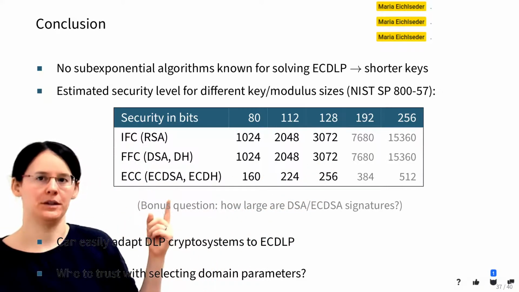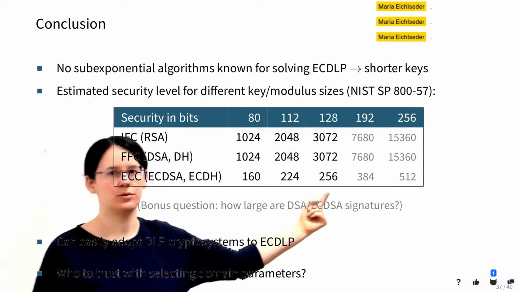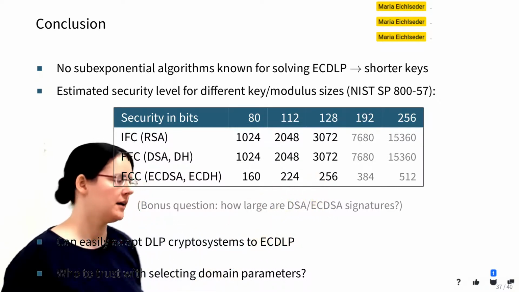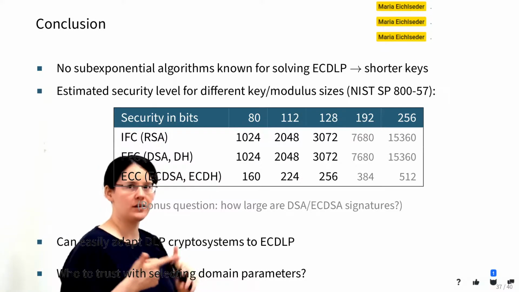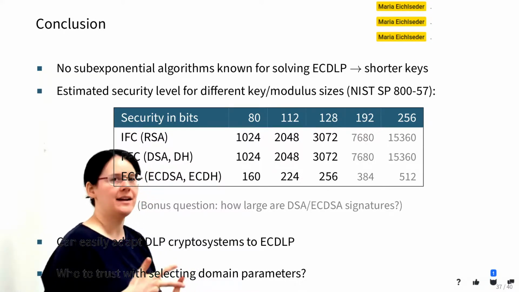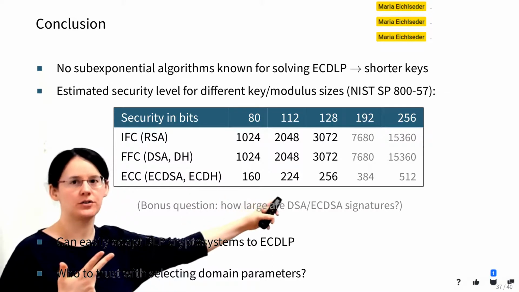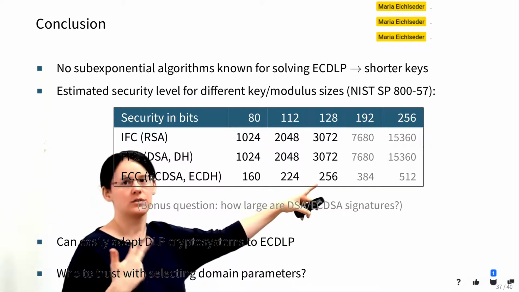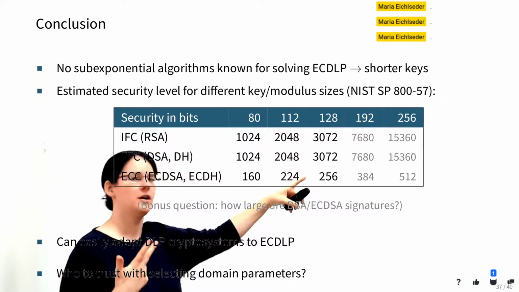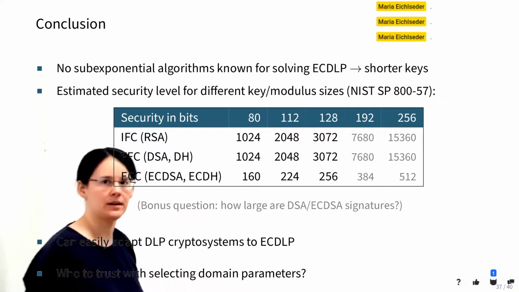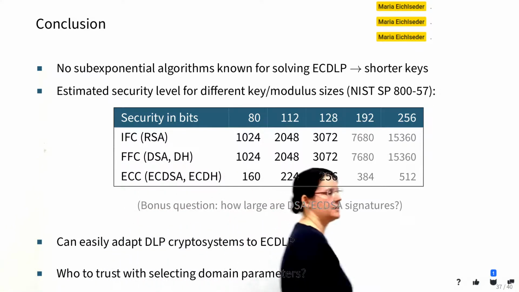But if we use elliptic curves, we can reduce this to 2 times the security level, 256 bits. This means the keys are small, the signatures are small, and all the computations are potentially faster because all the numbers you work with only have 256 bits instead of 3000 bits. So this is the big advantage.